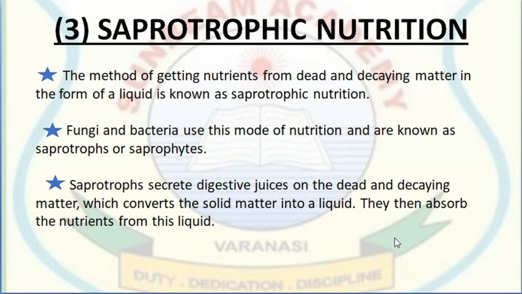This converts the solid matter into a liquid. They then absorb the nutrients from this liquid. This method of getting nutrients from dead and decaying matter in the form of a liquid is known as saprotrophic nutrition. The fungi and bacteria that use this mode of nutrition are known as saprotrophs or saprophytes.